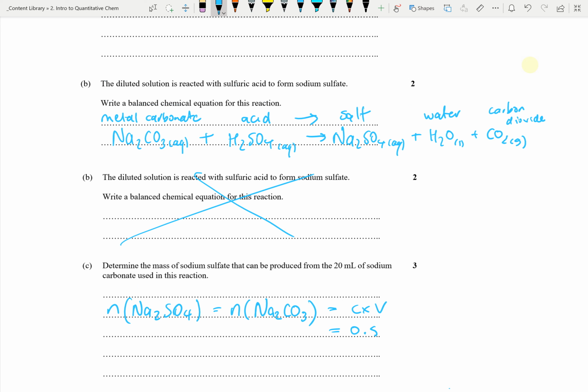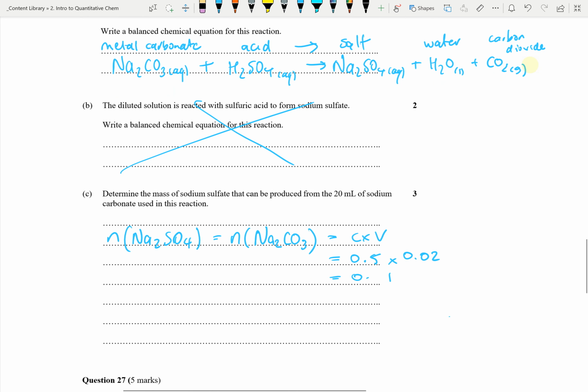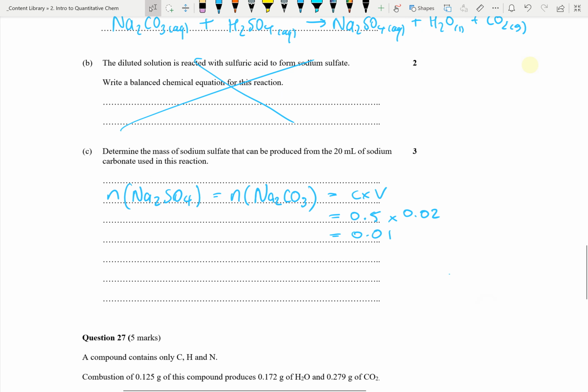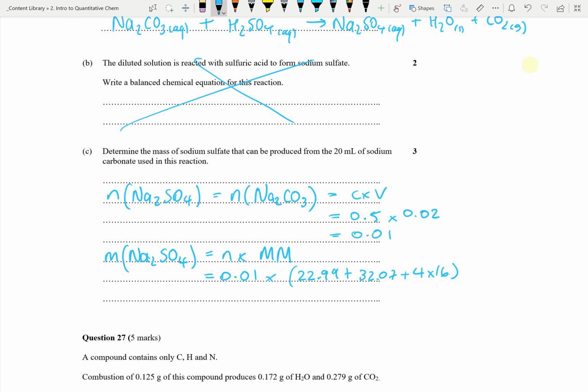So we're going to use the 0.5 that we just calculated and do 20 mL of that, and that's half of 0.5 is half, so I'm going to go 0.01. Then I'm going to convert that to mass. So mass of sodium sulfate equals n times molar mass equals 0.01 times 22.99 plus sulfur 32.07 plus 4 times 16.